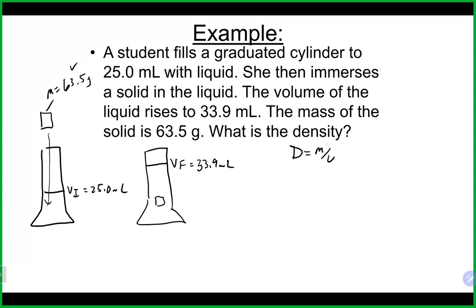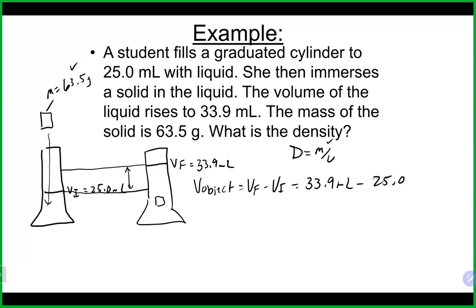We obviously have the mass. The volume here, again, is by displacement, so it is the difference between the two volume levels. So the volume of our object is going to be our final volume minus our initial volume. So this would be 33.9 milliliters minus 25 milliliters, and that's going to get you 8.9 milliliters.